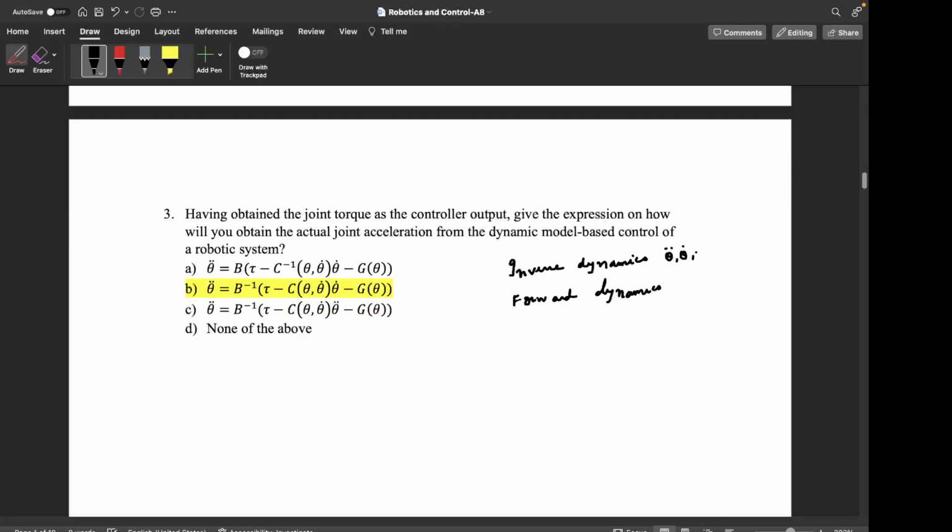So all these we know, and we want to compute the desired forces, torques, right? And forward dynamics is the reverse of this. We know the forces or torques, and we want to know how the system will respond. Basically, accelerations and velocities and position in turn.